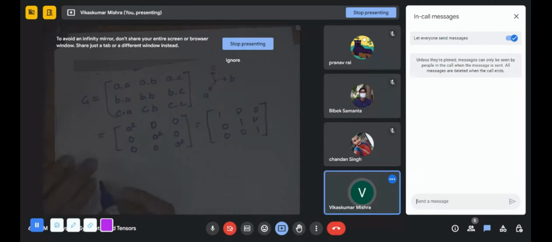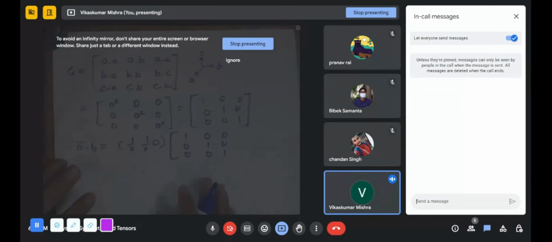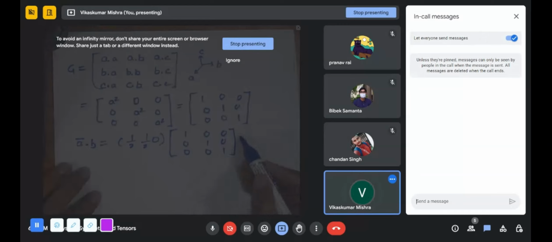So we can find A dot B as A, which is 1/2, 1/2, 0, times the metric tensor, which we found to be 1 0 0, 0 1 0, 0 0 1, times B, which is 1/2, 0, 1/2. We just need to do simple multiplication.